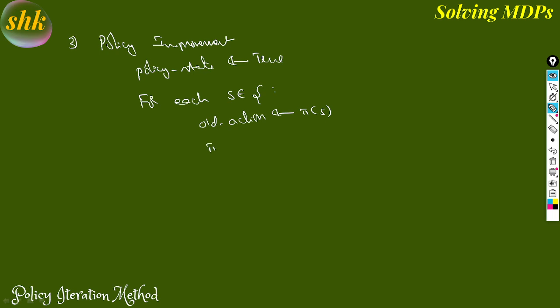Then we will compute the new policy, that is pi of s, with argmax over all the actions of the value function q pi of s comma a.